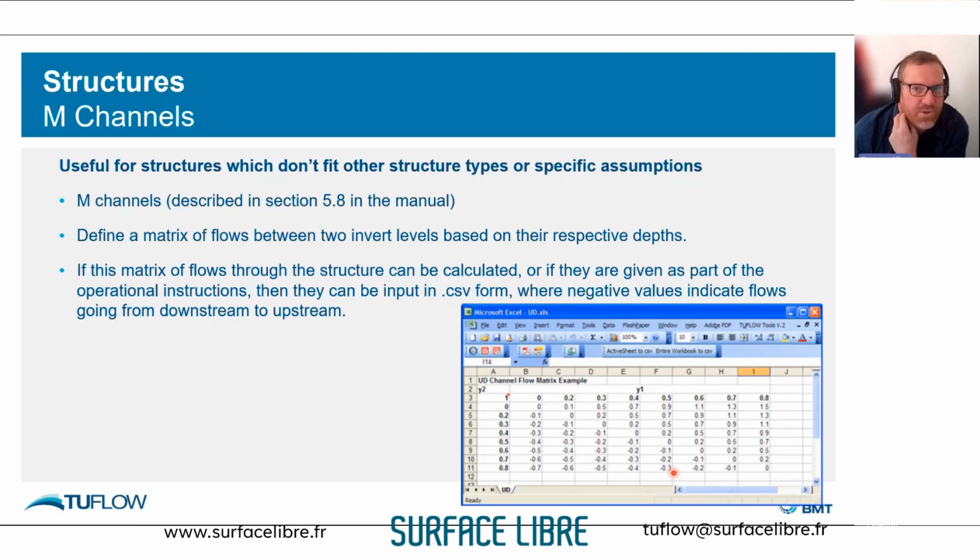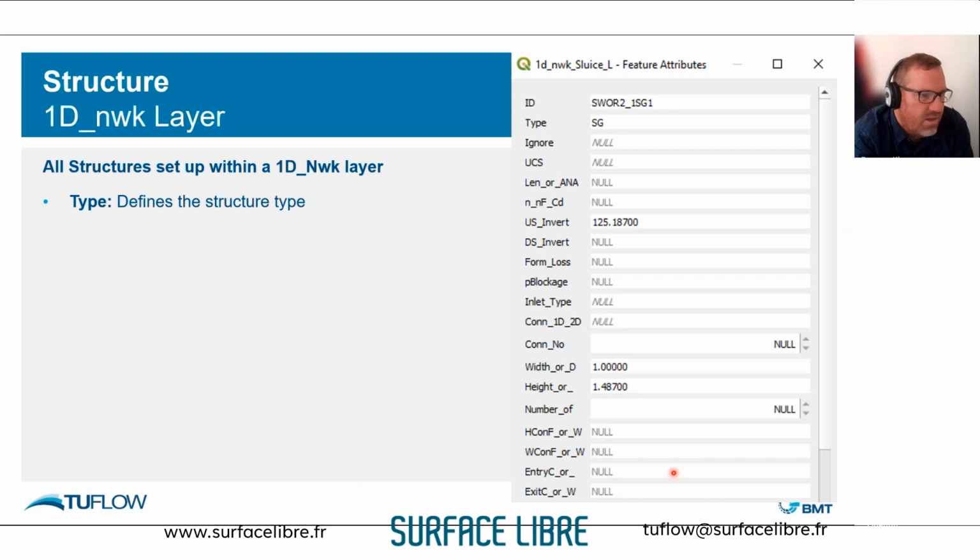So we've always got a couple of different approaches to modeling those structures which don't fit in with the usual way of doing things. All 1D structures are set up within a 1D network layer, and the important aspect is the type. So we specify different types. For instance, a P type is a pump, an SG type is a sluice gate, a W type is a weir.